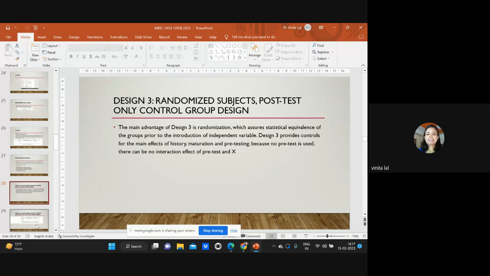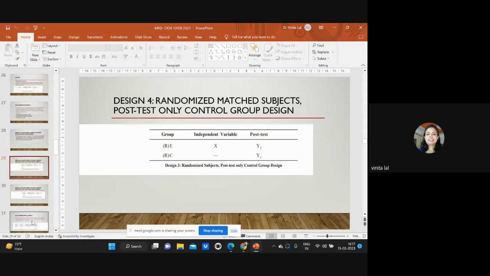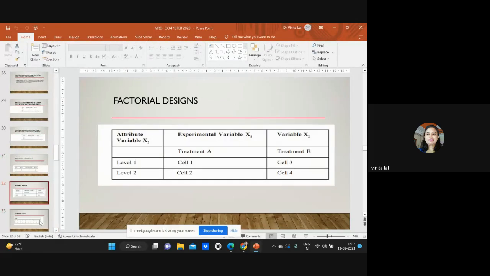You can also see these things, because matching is the most useful in studies where small samples are not to be used, which is not in design 3. This is group independent variable post-test, randomized subject post-test only control group. You can go through it in your study material, it is all in there.